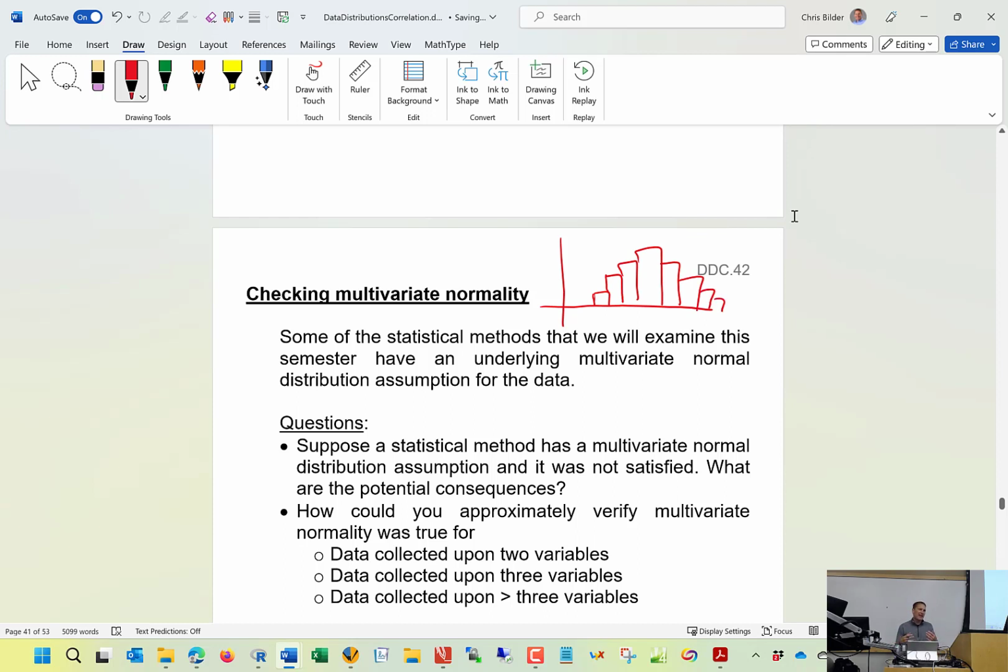If it did, you'd say a normal distribution is reasonable. Often you also plot a normal curve on top of it. As long as the tops of the histogram bars are reasonably approximated by the line you drew, and I didn't necessarily draw it the best, but you get the idea, then you say the normal distribution seems reasonable. Okay?